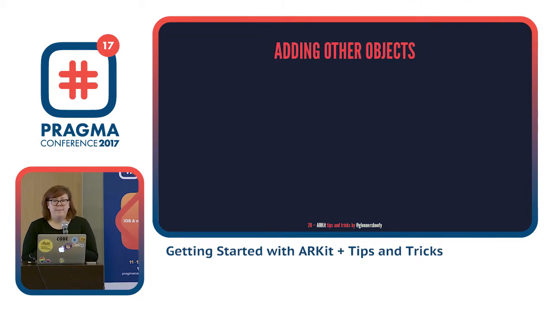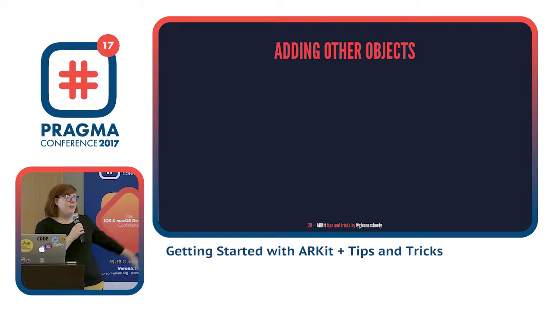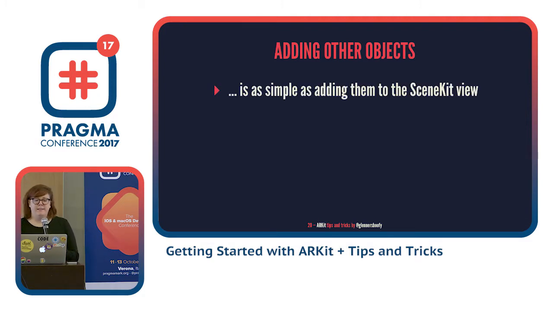Yeah. And then, of course, just planes is also really boring. So obviously you can just treat the AR scene as though it's any game scene. You can just add scene nodes or actors to the scene, and that's as simple as adding.